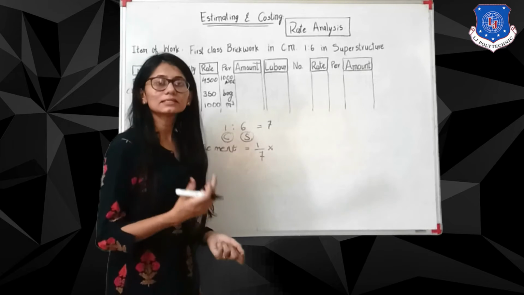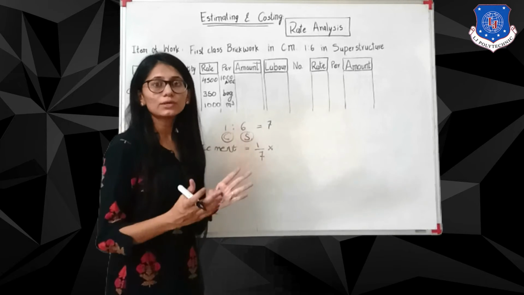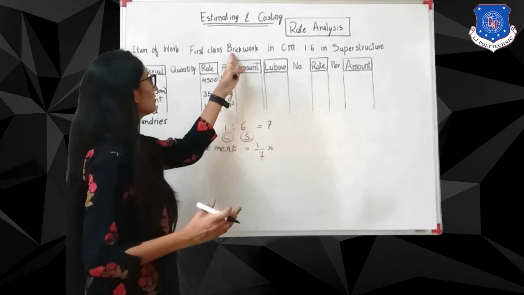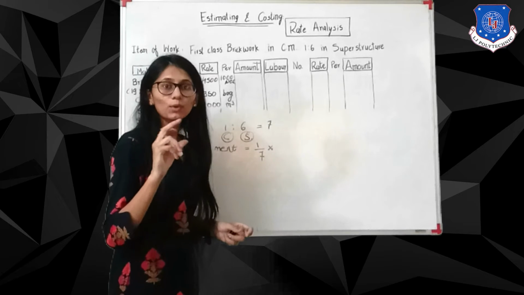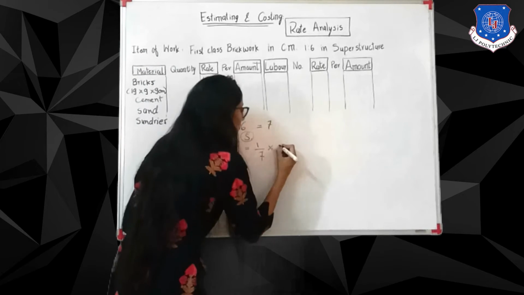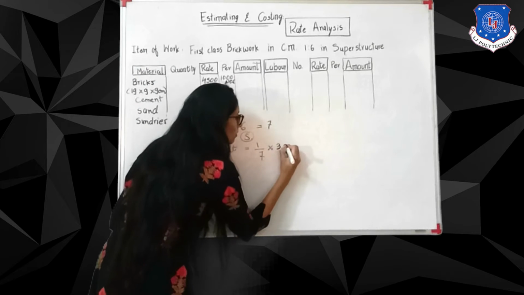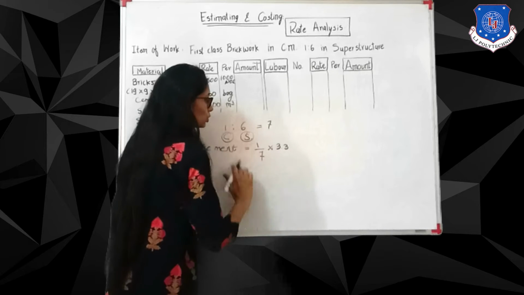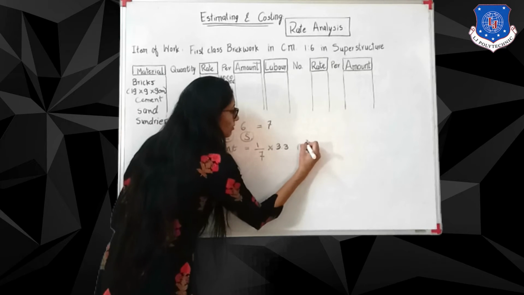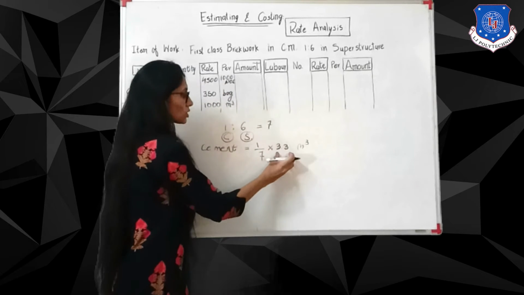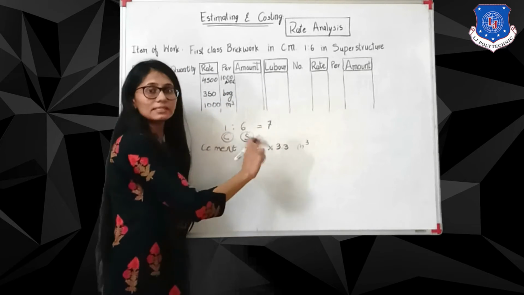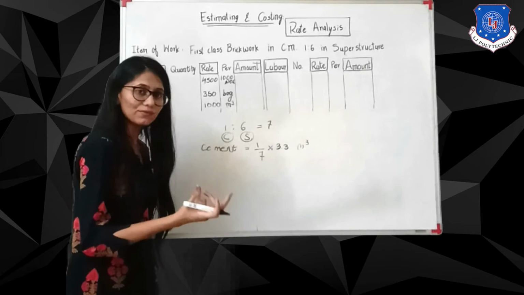Now I'm adding the standard for the brickwork. If we are using 10 meter cube of brickwork, we're going to take 3.3 meter cube of mortar. This proportion is volumetric, which is in meter cube. This standard will help us to find the bags of cement.